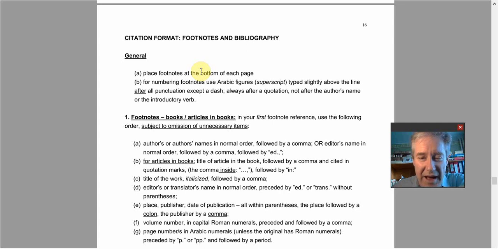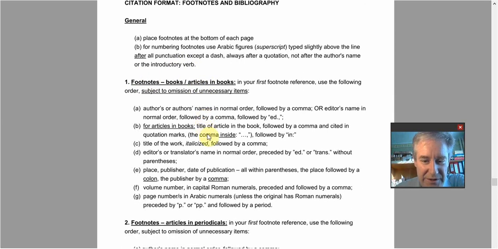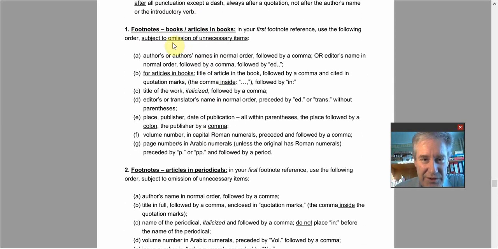And how are we going to do footnotes? Okay, so to make a footnote, we have to include lots of information here. And here's a list of all the different things that you've got to include in your footnotes. And you notice they're a little different. Footnotes for books or articles in books are a little different than footnotes for articles in periodicals.